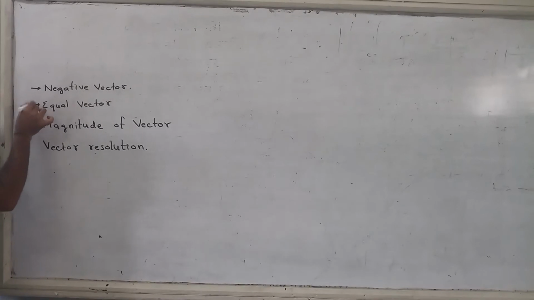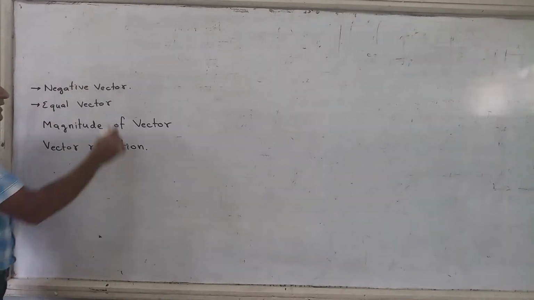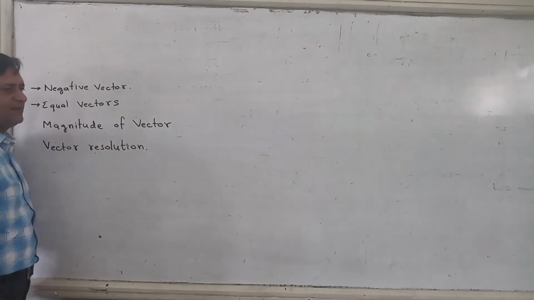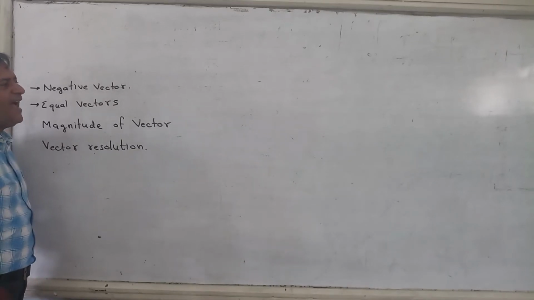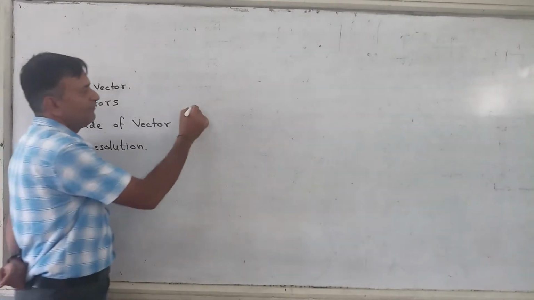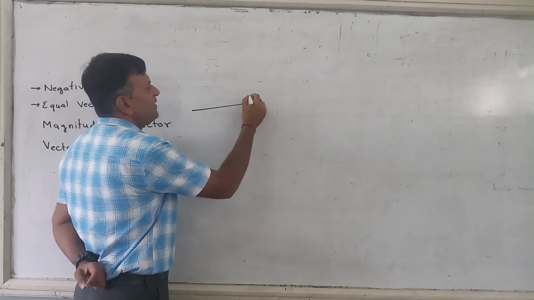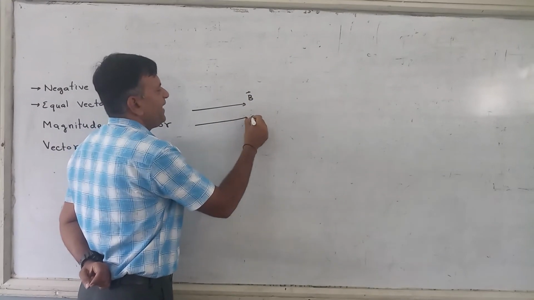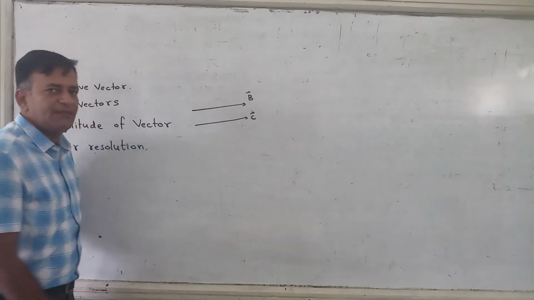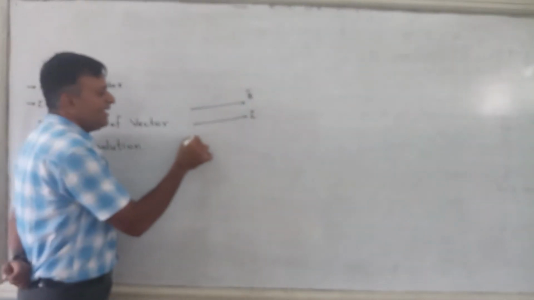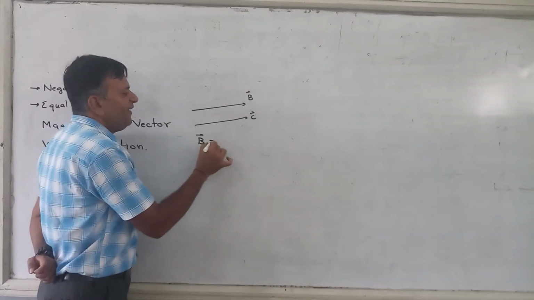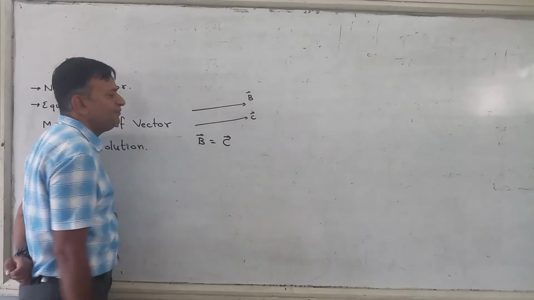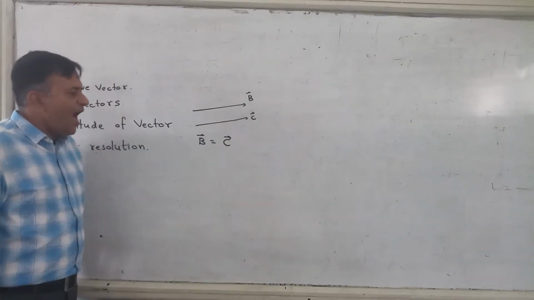Now comes equal vectors. If I have two vectors, say this is vector B, this is vector C. What is the condition so that vector B and vector C become equal?